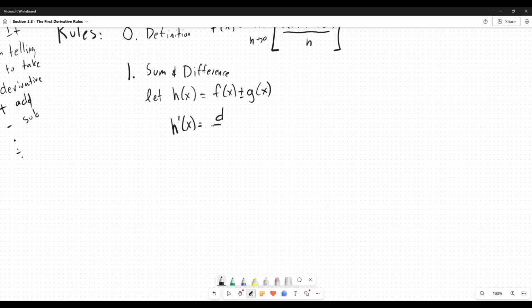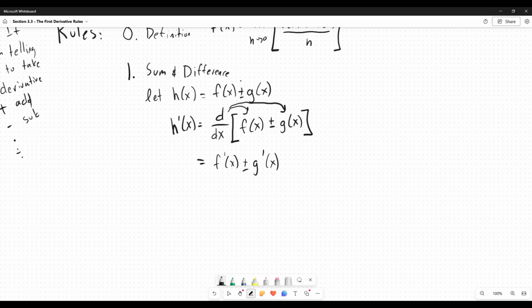Well, it would be the act of taking a derivative on f of x plus or minus g of x, and you can distribute this derivative operator, and you just find the derivatives separately and add them and subtract them.